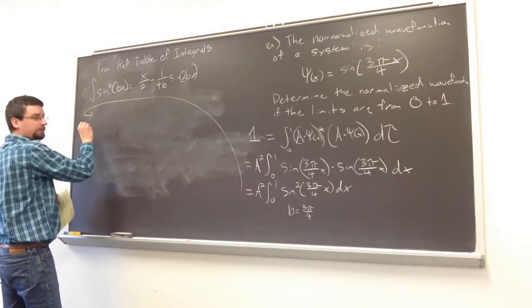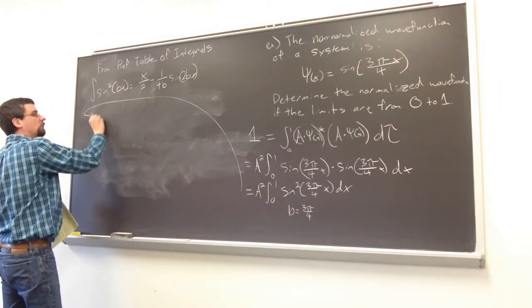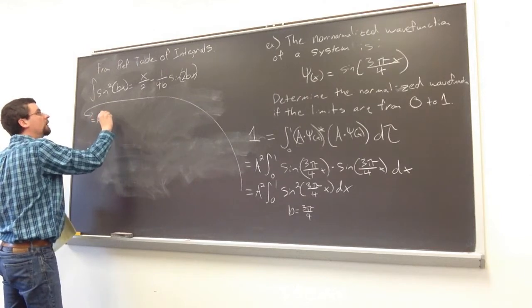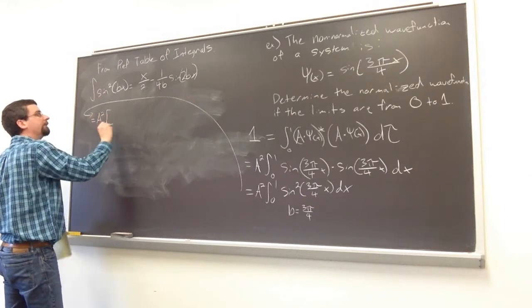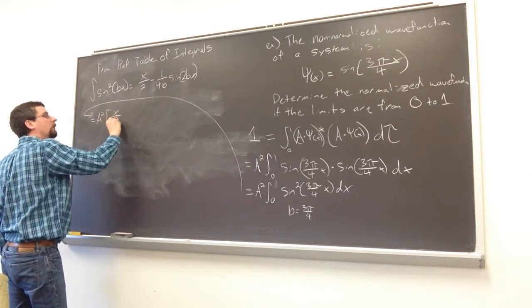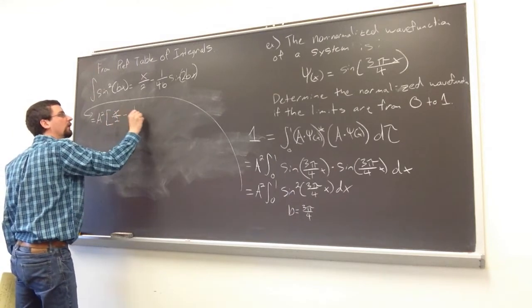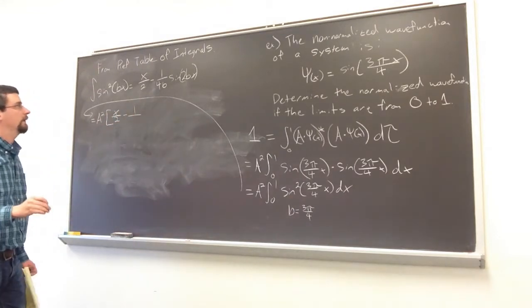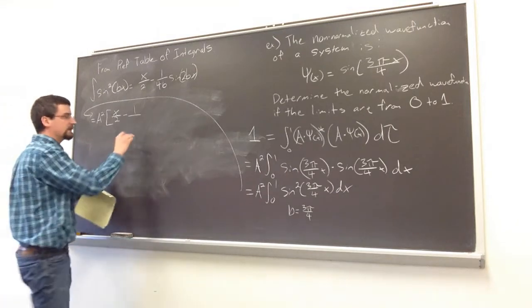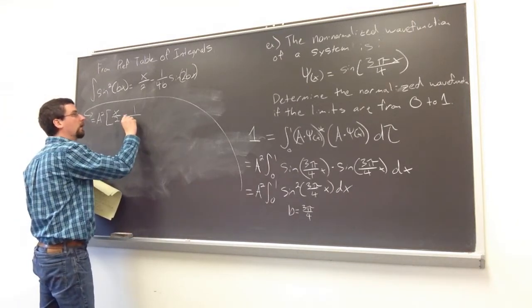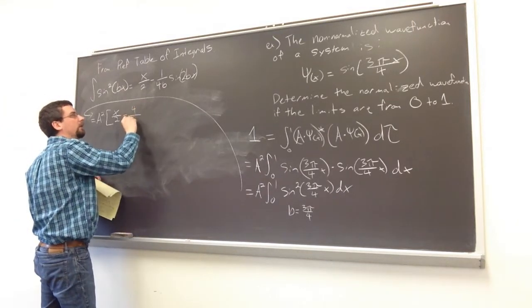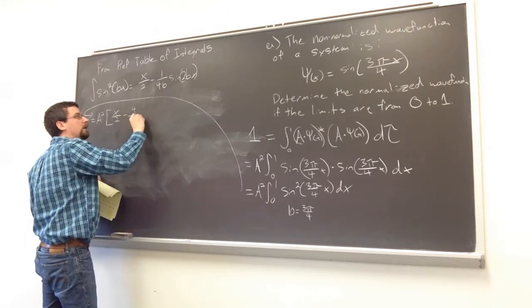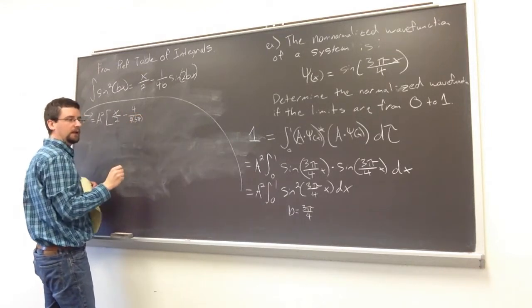So now we can use this integral to solve. We still keep our A squared. We have our integration done. We have x over 2 minus 1 over 4 times b. In this case, b is 3 pi over 4, so we would have 3 pi like that.